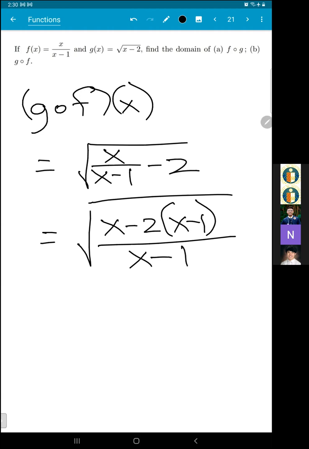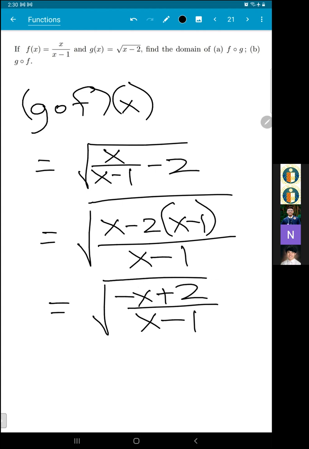Okay, and further simplification gives this one. So x minus 2x is negative x plus 2 there over x minus 1. So this is your g of f.